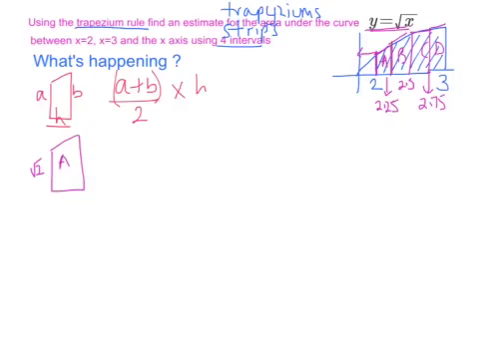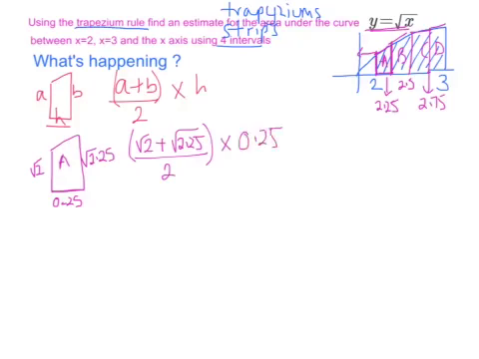So this height will be the square root of 2.25, and then the distance between them is obviously the difference between 2.25 and 2, which is 0.25. Okay, so there's A. So let's pop him into the formula. The area is going to be root 2 plus root 2.25 over 2 times 0.25. Okay, there's my A done.